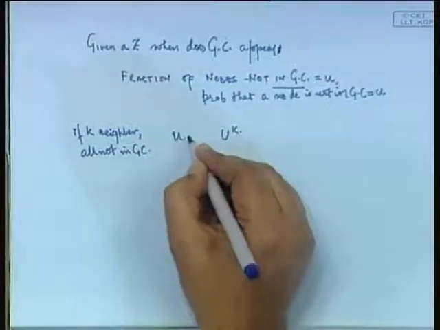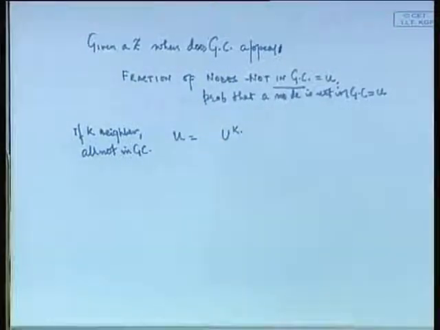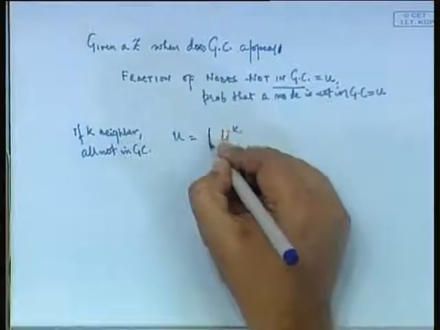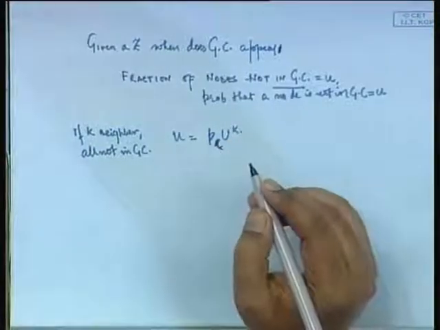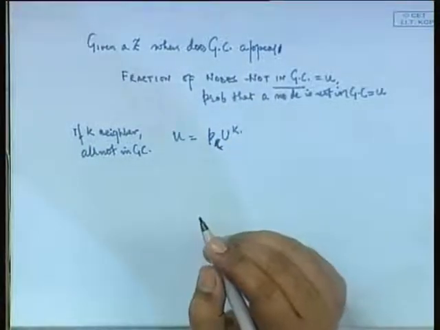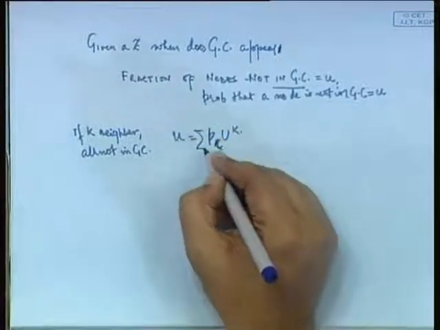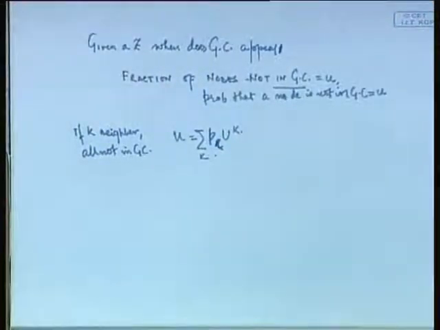Then u is equal to, now what is the probability that there will be k neighbors? Pk, very good. So, u is equal to the summation over all k of Pk u to the power k.